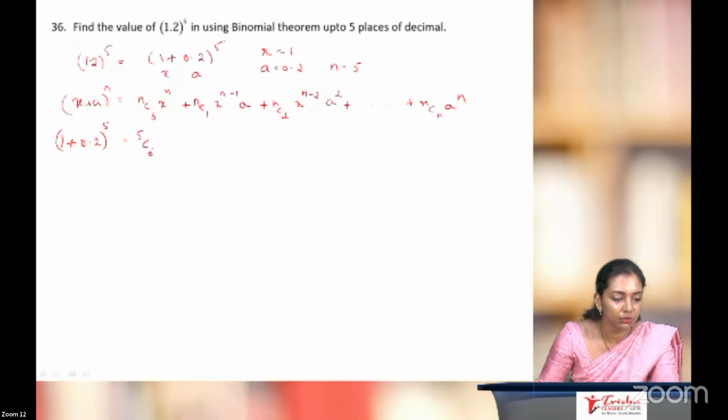So 5C0 x to the power 5, so it is 1. 1 to the power anything is 1 itself. Next, 0.2 to the power 0.